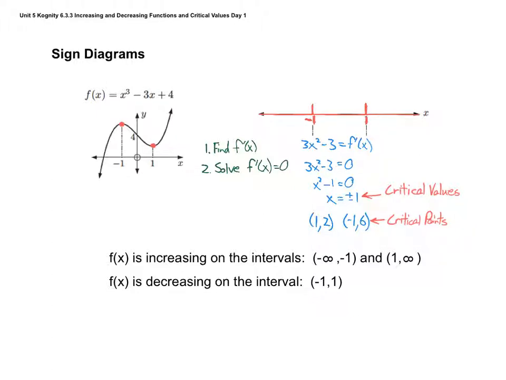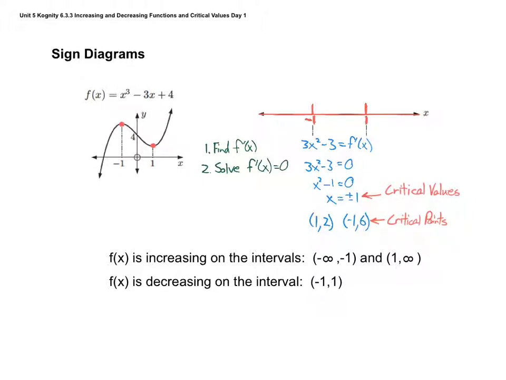And notice that just divided the entire number line into 3 sections. The other things that you would put on the sign diagram that we'll run into later are anywhere where the derivative is undefined. So if you use the quotient rule, you might have things where the derivative is undefined. So you'd put that on there too.